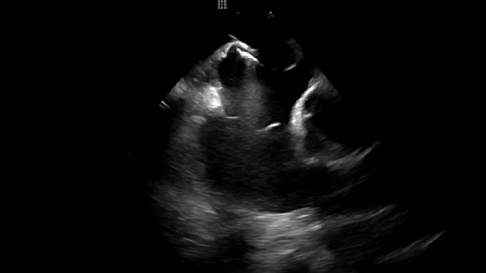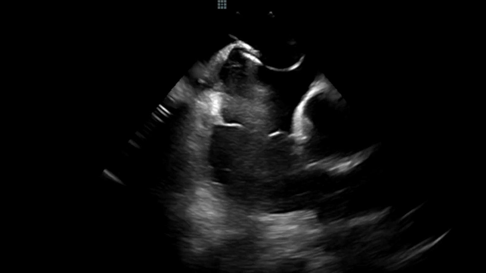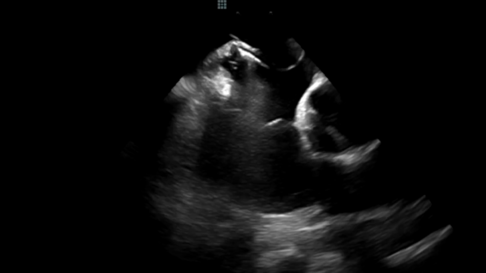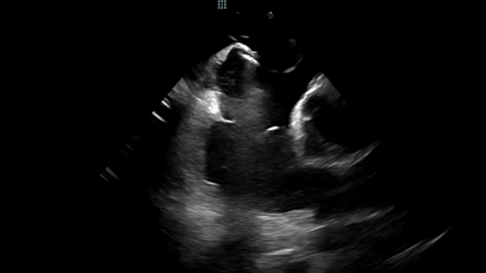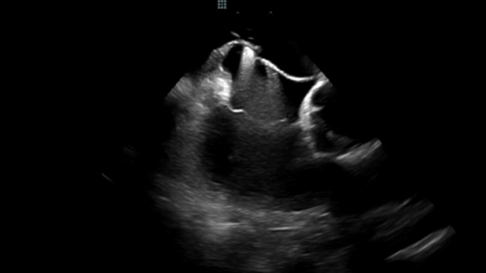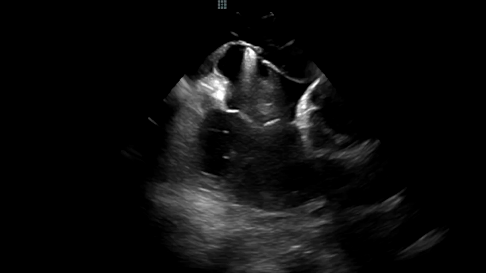Sometimes you have to ablate the entire eustachian valve, and even sometimes the posterior part of that eustachian valve has some muscle that needs to be ablated.